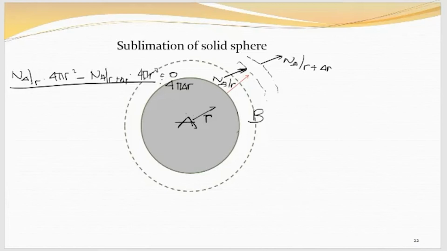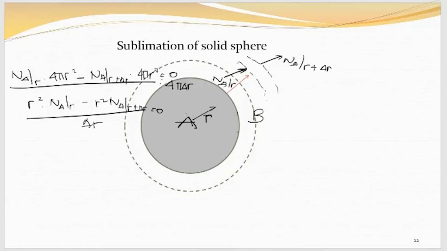We cannot divide it by r. So what we have now is r squared N_A at r minus r squared N_A at r plus delta r, divided by delta r, equal to 0.